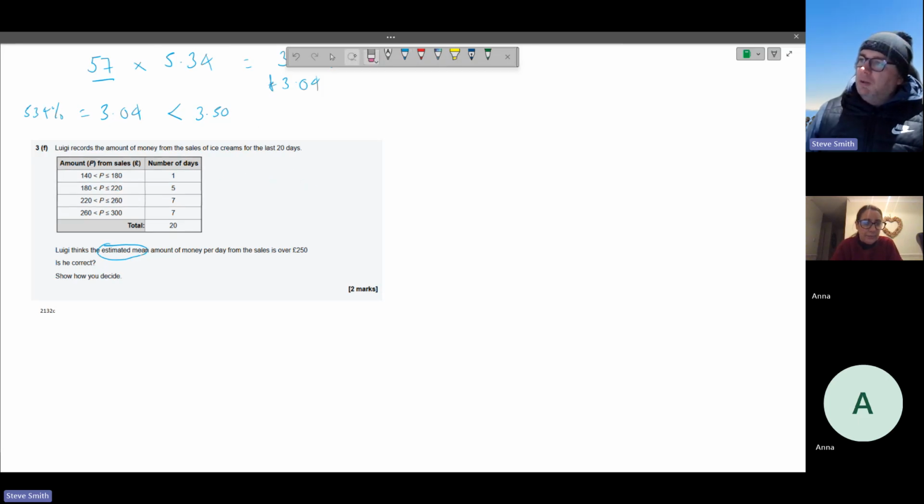Midpoint. So remember, for the midpoint, we add both numbers up, 140 add 180, divided by 2 equals 160. So on one day, this is a bad day, you made 160. 180 add 220, divided by 2 equals 200.